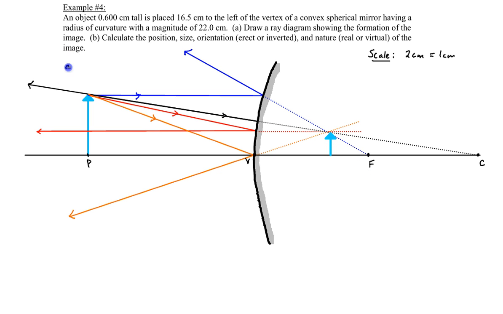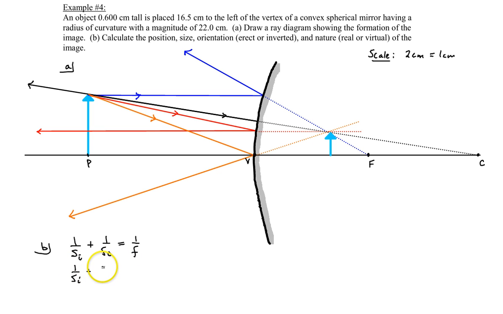This was part A, so let's go on to part B, which is calculating the position, size, and orientation. We'll start off with 1 over the object distance plus 1 over the image distance equals 1 over the focal length.